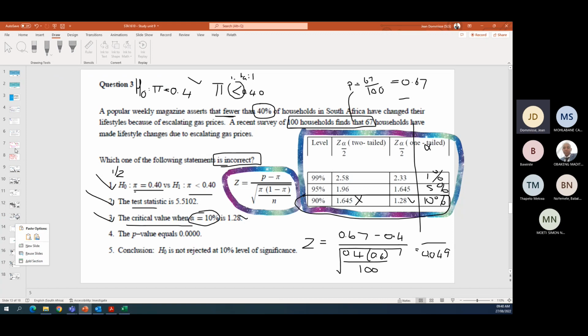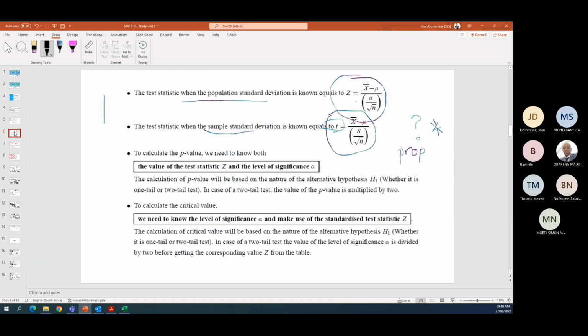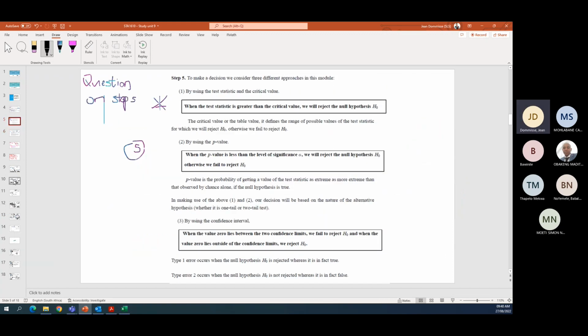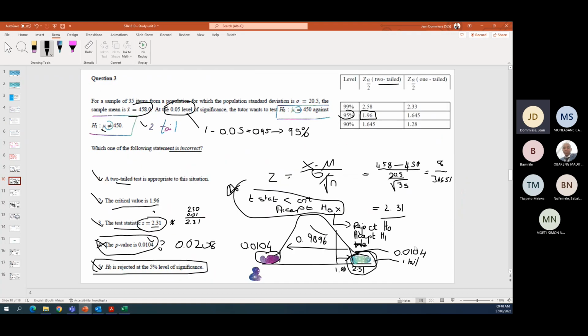Let's just get that one that I did last week, because I think this is such a nice one.